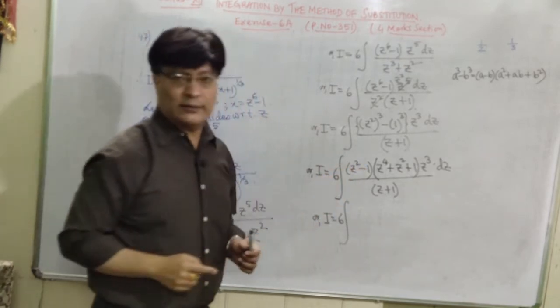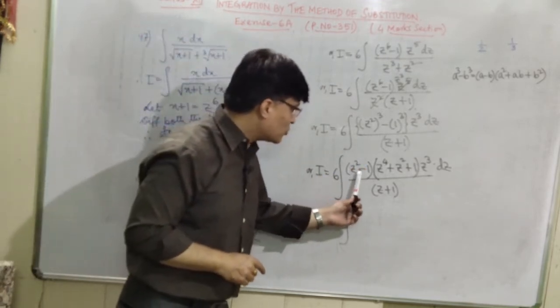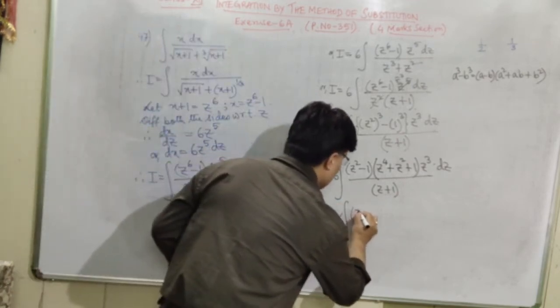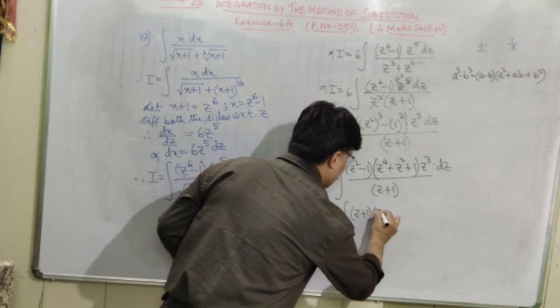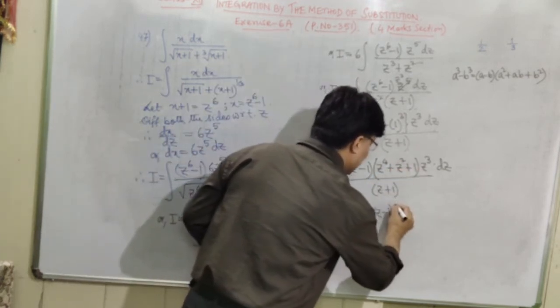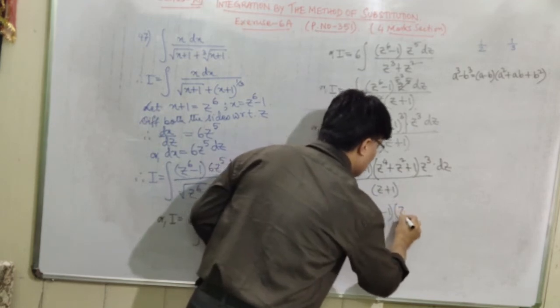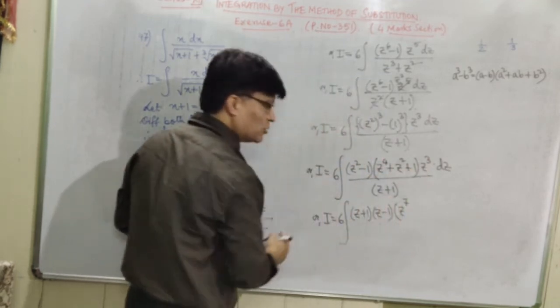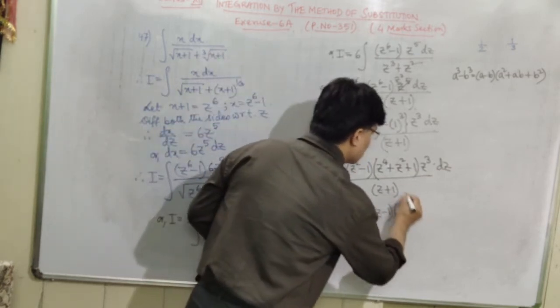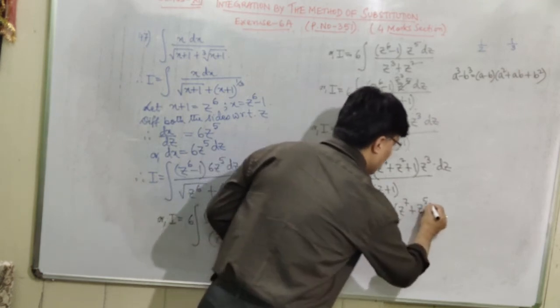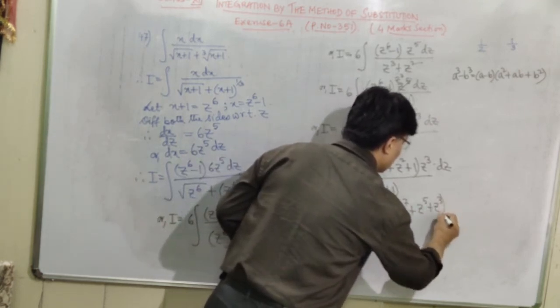So again you can write here I is equal to 6 integration of, what is this? Z square minus 1. This is your a square minus b square. What is a square minus b square? This is a plus b into a minus b. And now you can multiply these, z to the power 4 into z cube, z to the power 7, plus z square into z cube, z to the power 5, plus 1 into z cube, bracket close.